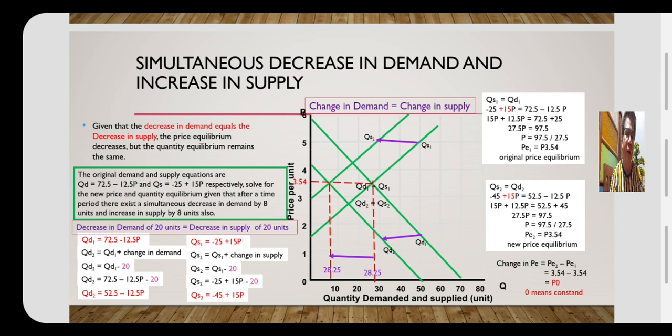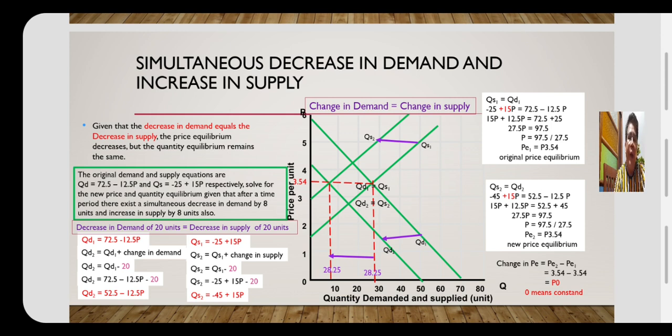After finding the original price equilibrium and new price equilibrium, we can observe that the values of the original price equilibrium and new price equilibrium are the same. They are both 3.54. So that means to say the change in price equilibrium is 0, or constant.